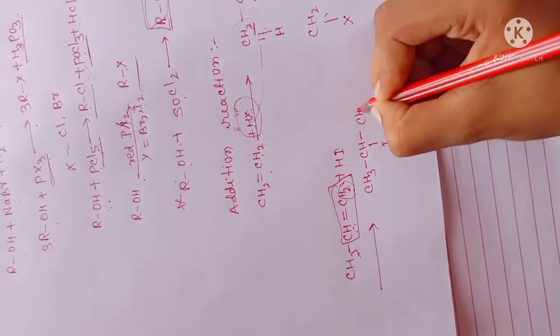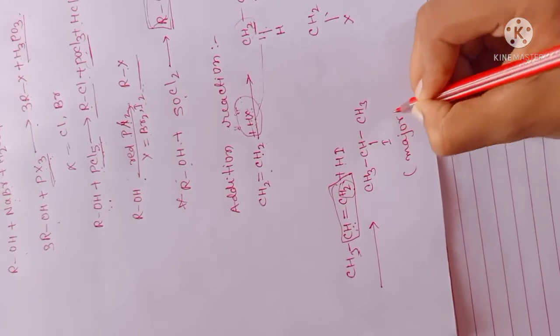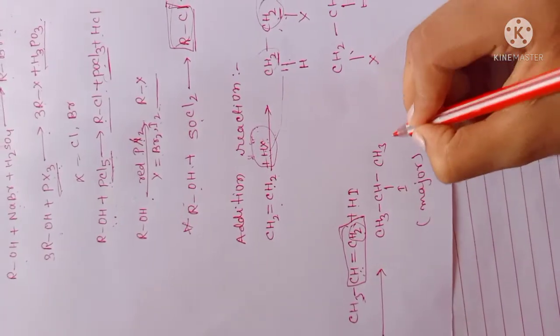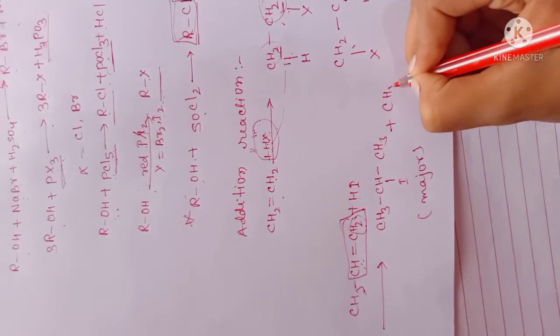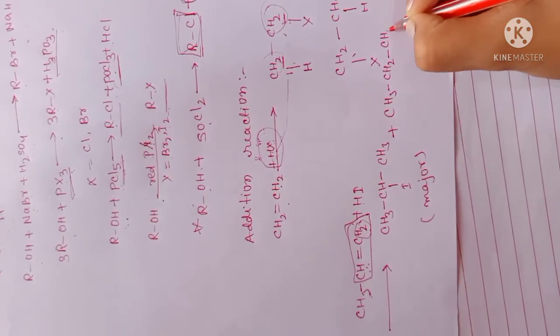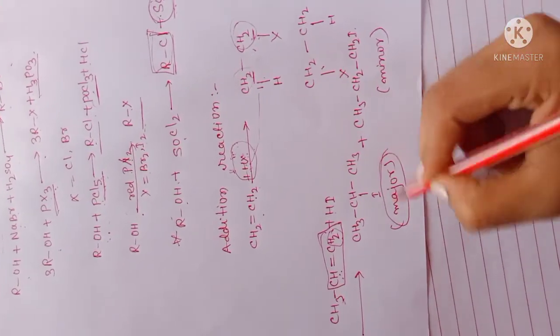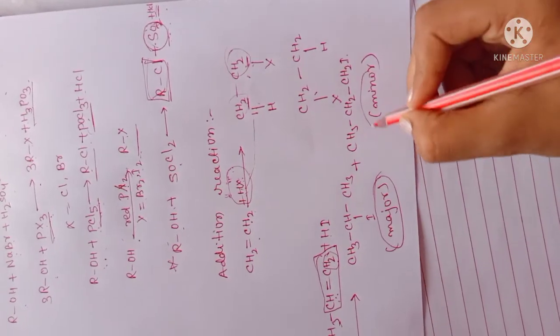It is your major product, and your minor product is CH3, CH2, CH2I. This is your Markovnikov's rule product, which is major, and this is your anti-Markovnikov's rule product, which is minor in quantity.